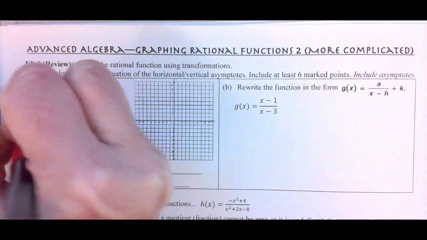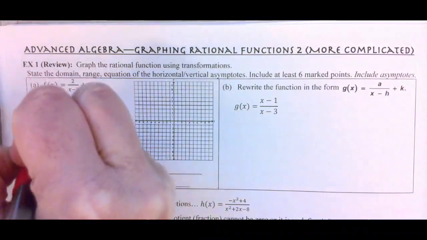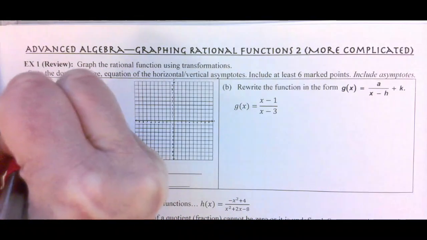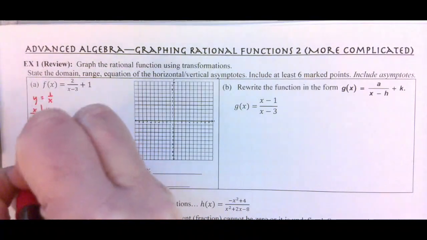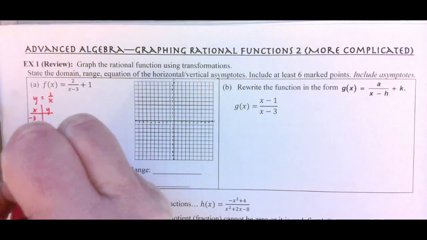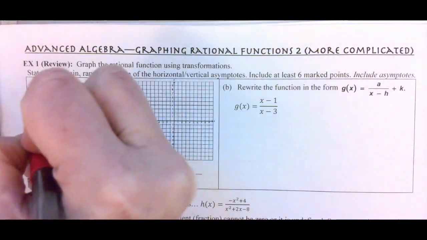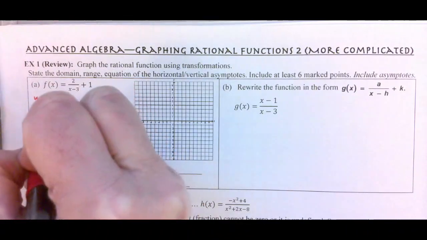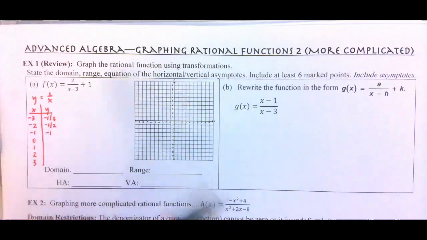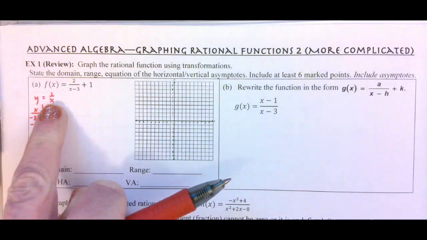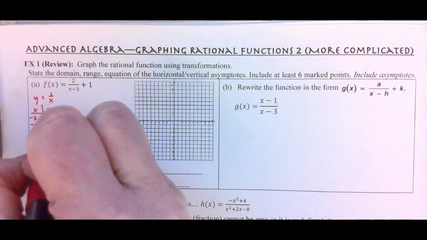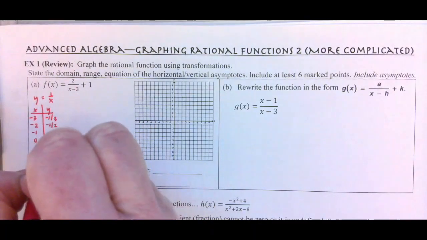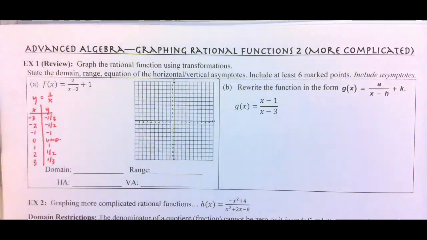So if I make a table of inputs and outputs, I'm going to go from -3 to +3. My outputs then are -1/3, -1/2, -1. 0 on the bottom of a fraction is undefined. 1, 1/2, 1/3.